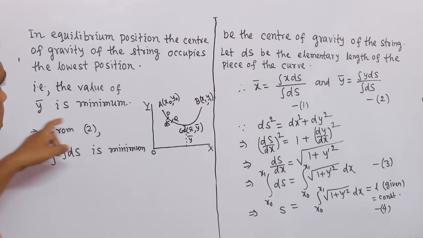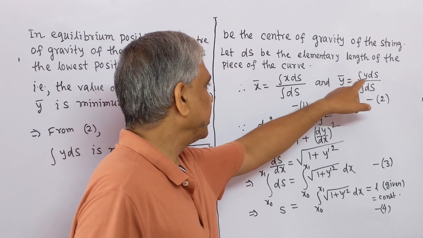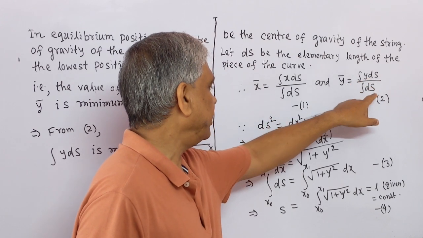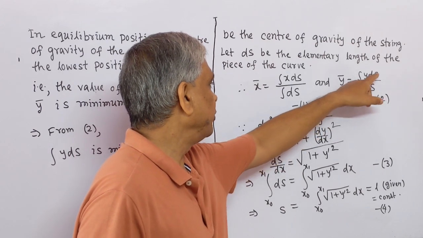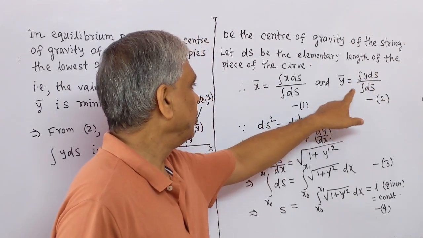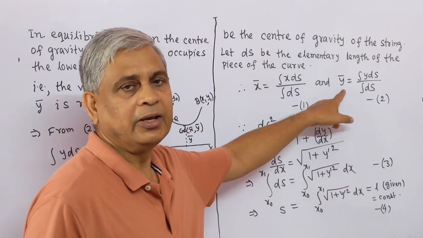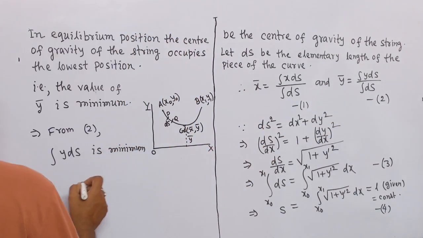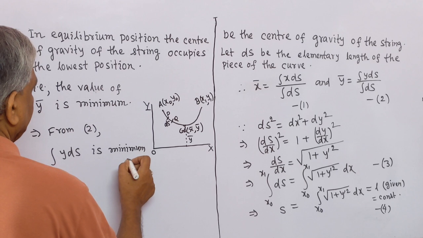Y bar equal to integration y ds by integration ds. So numerator will be minimum, then value of y bar will be minimum. This is number 5.